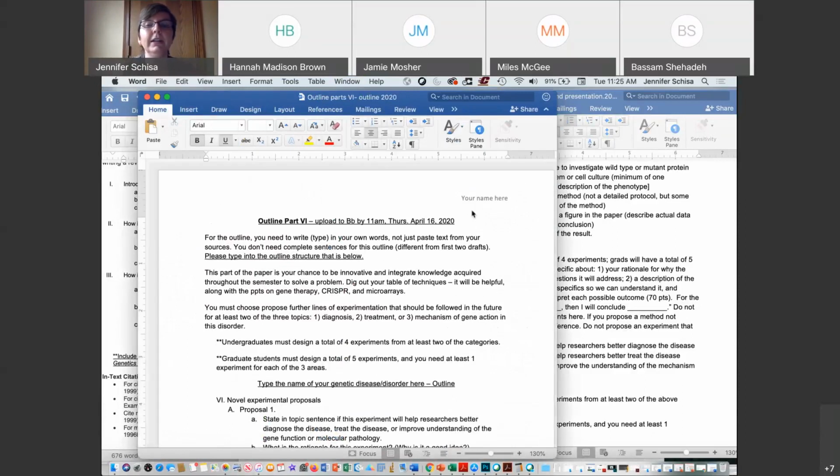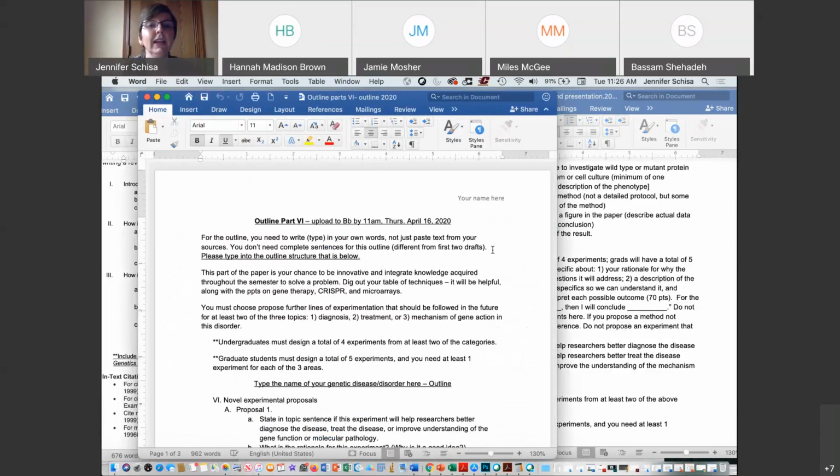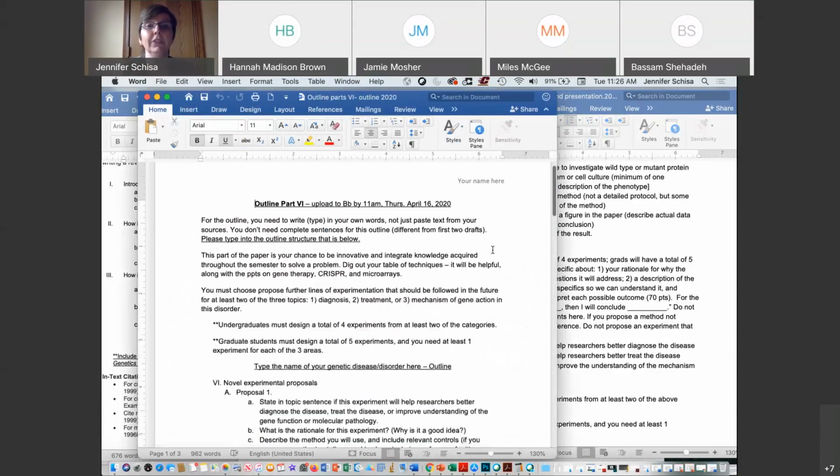So this is the outline, right? This is part 6. First of all, this is an actual outline, so you don't have to have complete sentences. This is different from the first 2 drafts. This is where you're going to do your planning for proposing these experiments. You will find your table of techniques to be really helpful for this part of the paper.